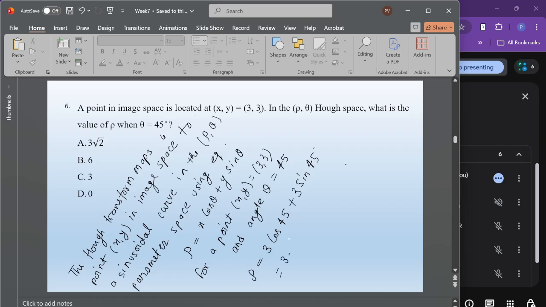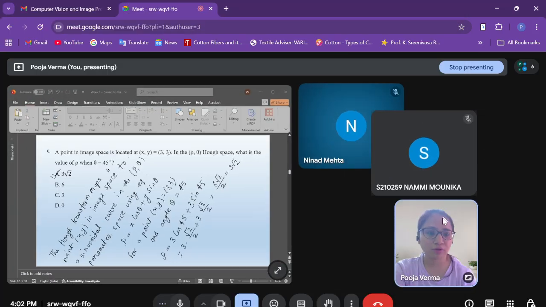If you calculate it, you will get root 2 by 2 plus 3 root 2 by 2, right? So 6 root 2 by 2. So overall you get 3 root 2. So if you just check, option A is the correct answer for this question.